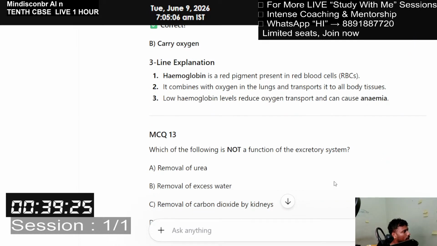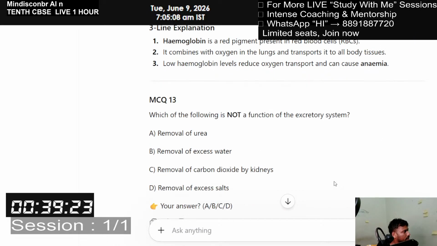Which of the following is not a function of the excretory system? Removal of urea, removal of excess water, removal of carbon dioxide by kidneys, removal of excess salts. Removal of carbon dioxide by kidneys.